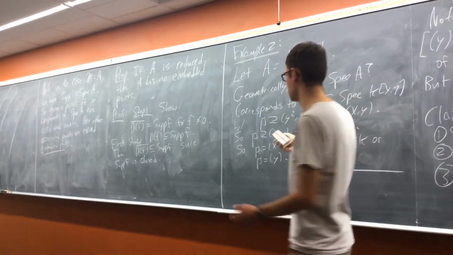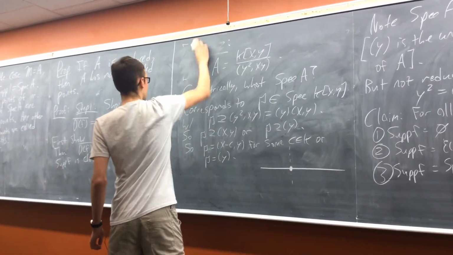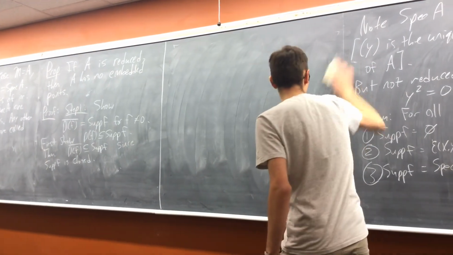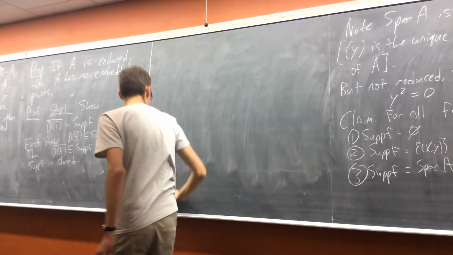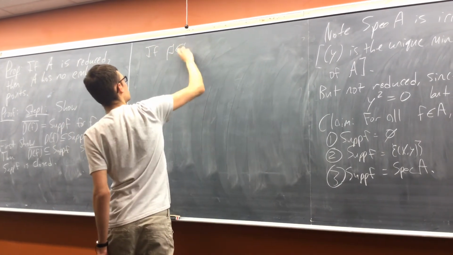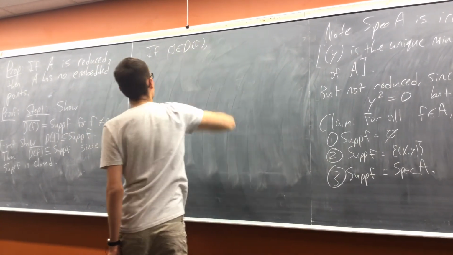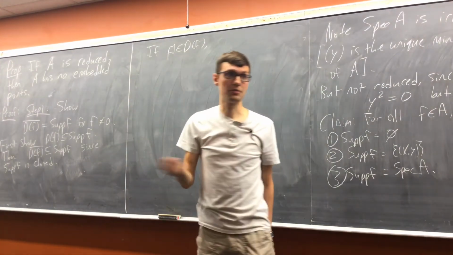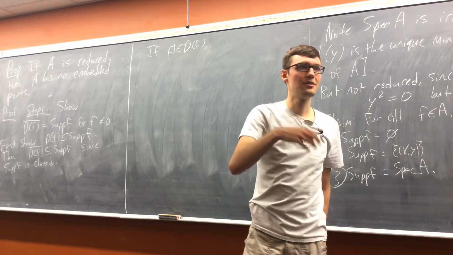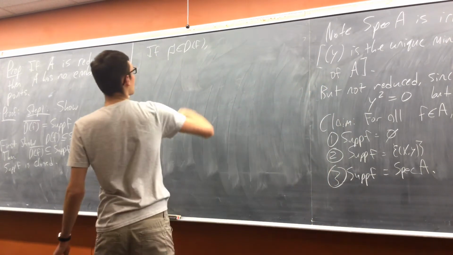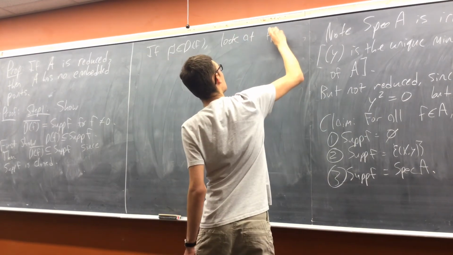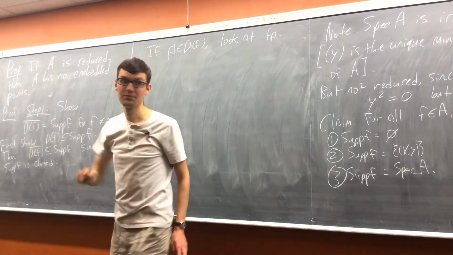So let's take an element and check it out. So if I've got a prime P living in D(f), then I want to look at whether it's in the support. So I just want to look at f in the stalk at P, or in the localization at P. So look at f_P. I need this to be non-zero.